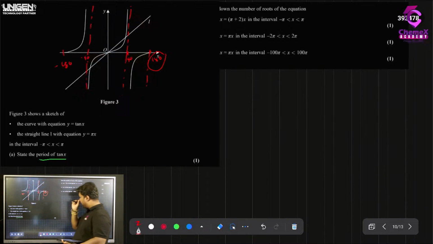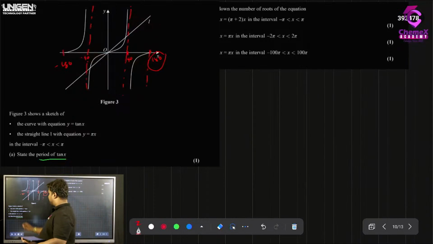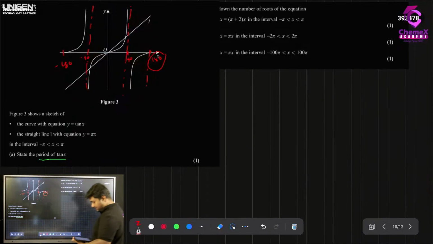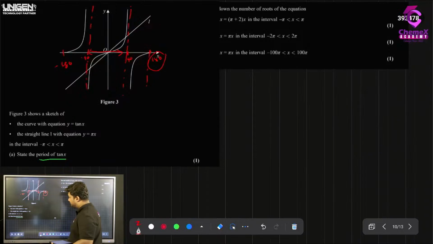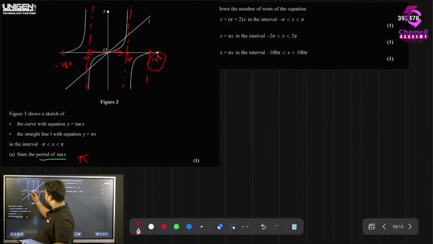So what is the time period? State the time period of tan x. It's 180 degrees, or pi. Got it or not? Because it's between 90 and 90.